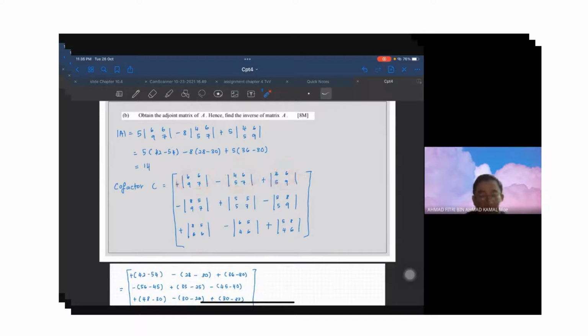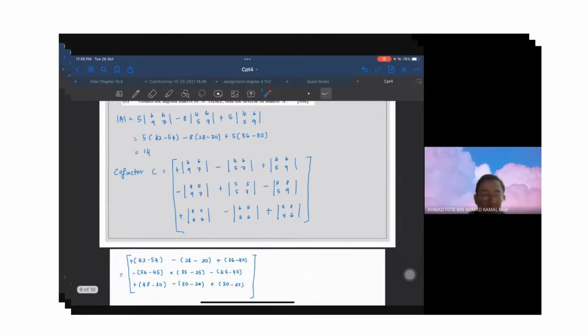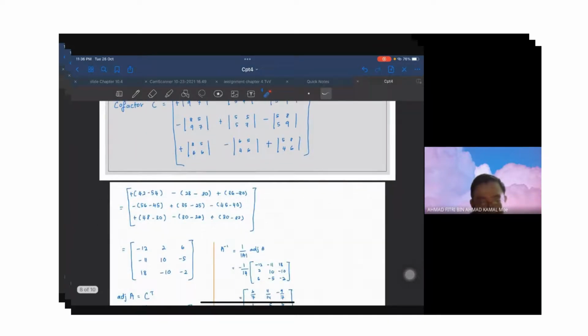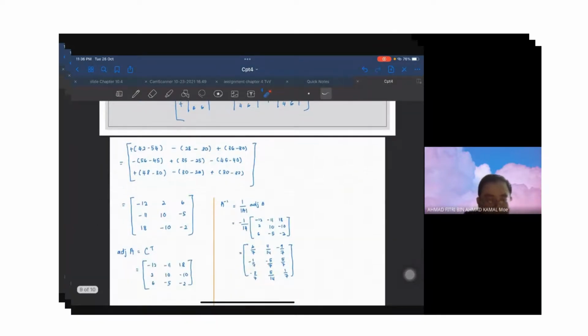We calculate the minor using AD minus BC. Thus, we get the cofactor: negative 12, 2, 6, negative 11, 10, negative 5, 18, negative 10, and negative 2.